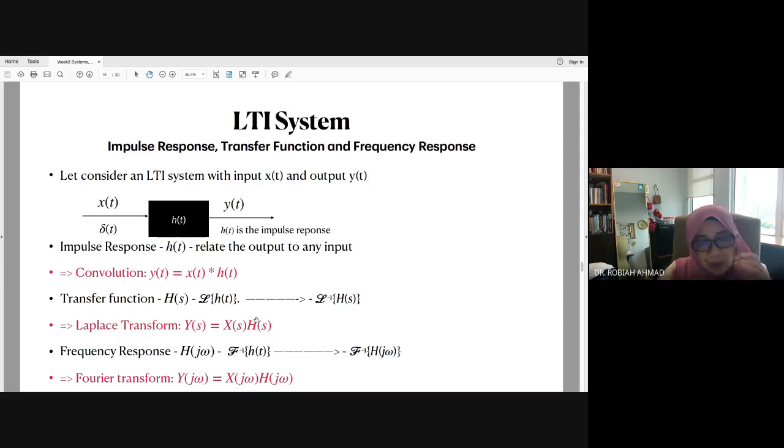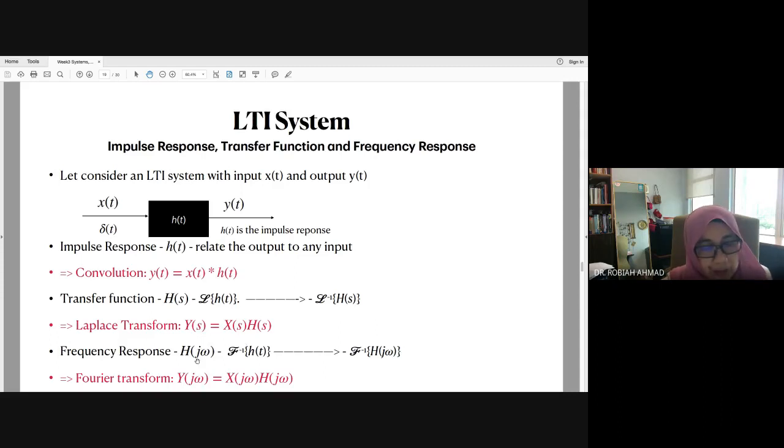And then we are also going to look deeper into the frequency later on in the second half of the semester. Also finding the transfer function, but in this case it is the frequency response. So basically once we understand the concept of Laplace, to look into the frequency response we just substitute s with j omega.